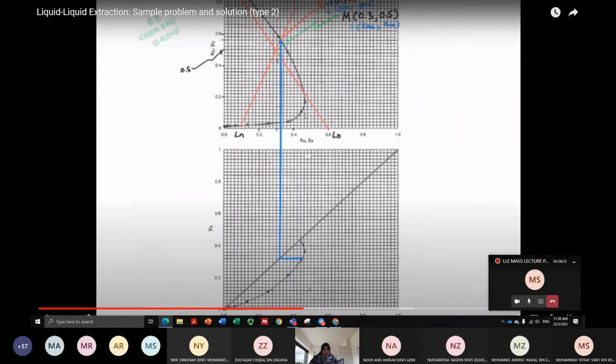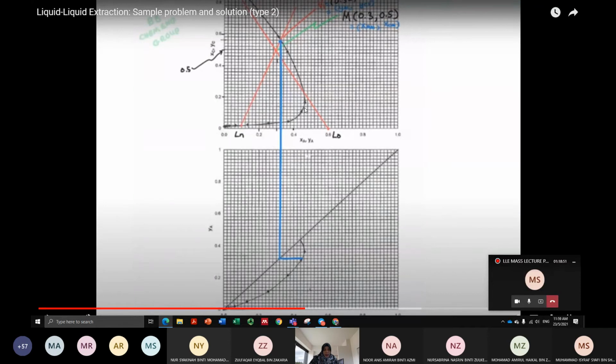When you draw the vertical line upward, you're going to get the intersection between the second vertical line and the equilibrium curve here. So this will be the position of your L1.